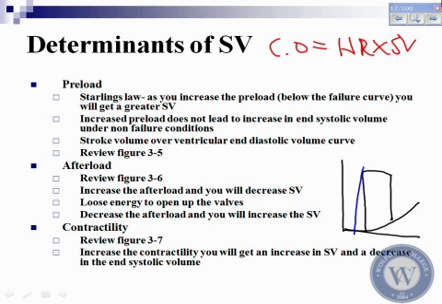Let's say it's here. If all we're going to do is increase preload only, we go from this point here and move up. In this case, we're not in the failure portion, so it's going to go up to the same afterload point. When we reach that, we're going to eject to the same contractility line.